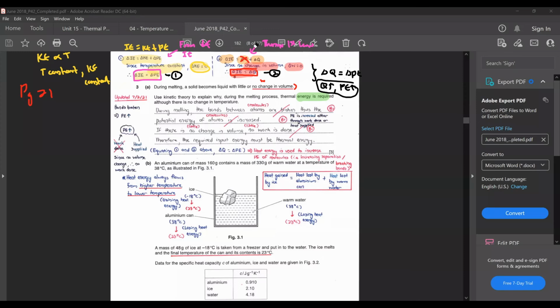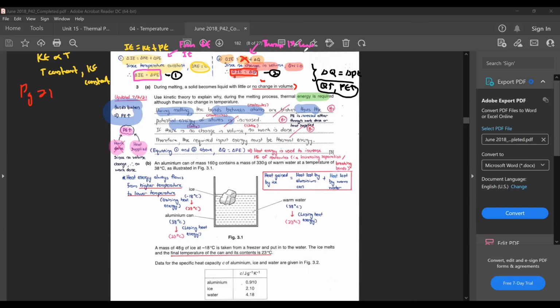You still have the same first point where they tell you during melting, bonds between atoms must be broken, so the potential energy of the atoms is increased. The molecular potential energy is increasing. Now, when your molecular potential energy increases, it could have come from two things: either through work done or through heat supply.